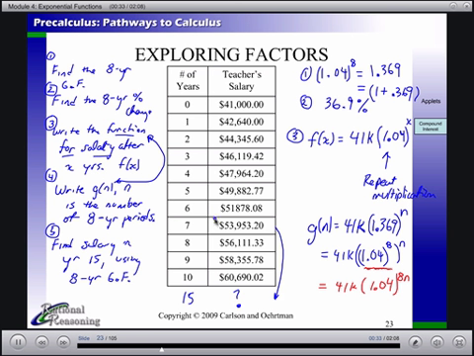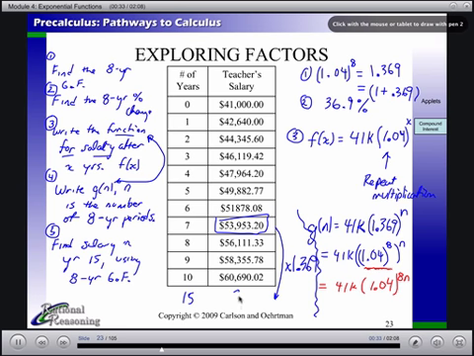We could just take the salary in year 7 and multiply it by 1.369. So yes, there are other ways to do it, but what I wanted you to see was to use the 8-year growth factor to get year 15, we're going to take the year 7 salary and multiply by 1.369, which advances us 8 years forward.